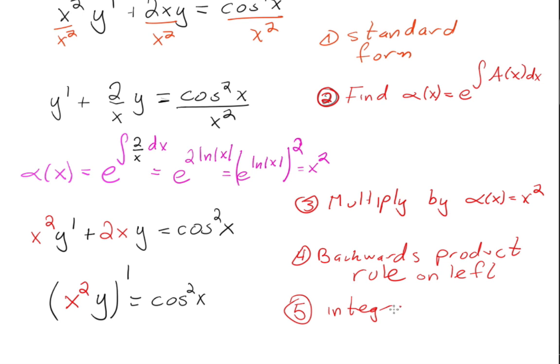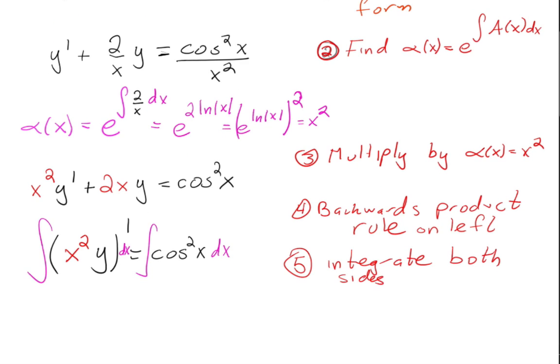Integrate both sides. So I integrate the left side and the right side with respect to x, right? Okay, so then what do I get on the left side? x squared times y is equal to the integral of cosine squared, which is, what is that?